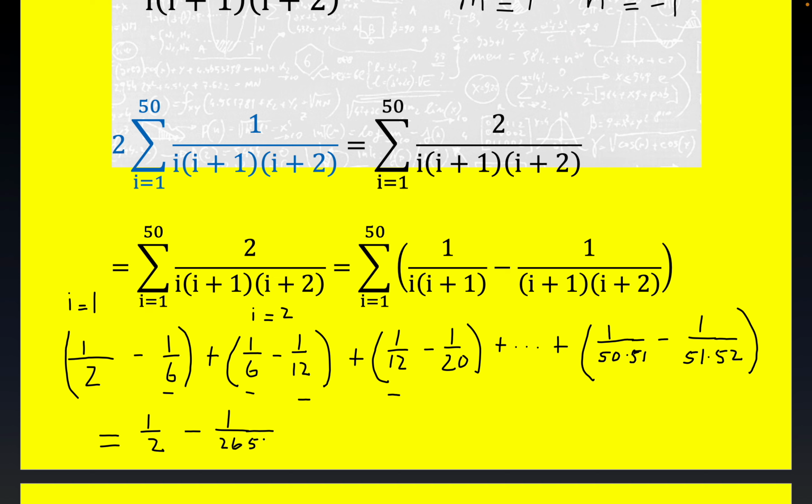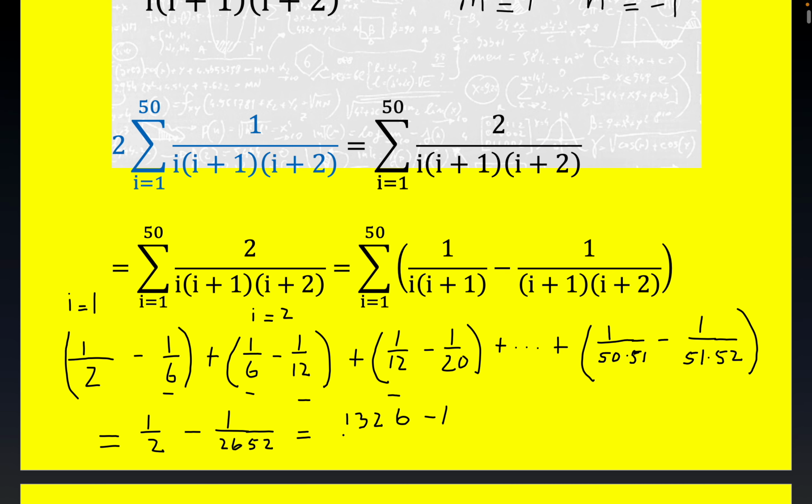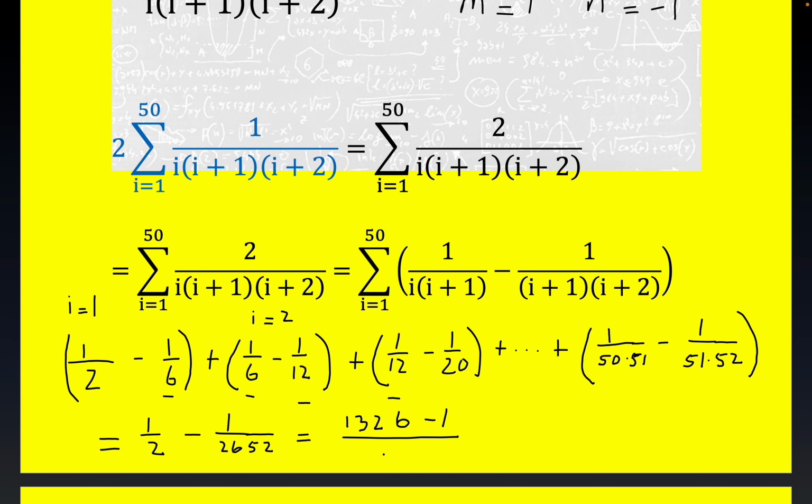Okay, like that. And then notice we have 1/2 right here. So to convert this with a common denominator, half of 2652 is 1326. So this would be 1326 minus 1 over 2652.